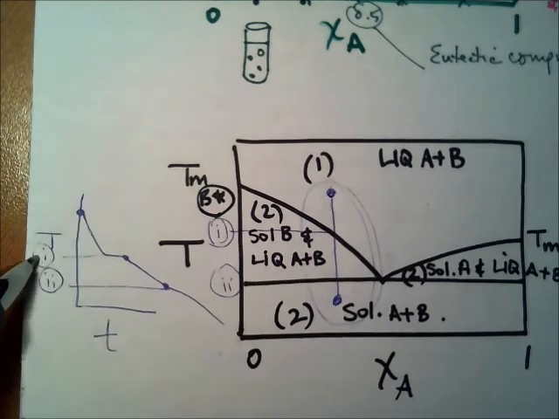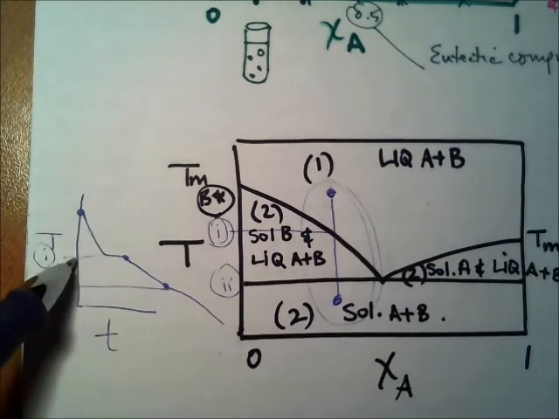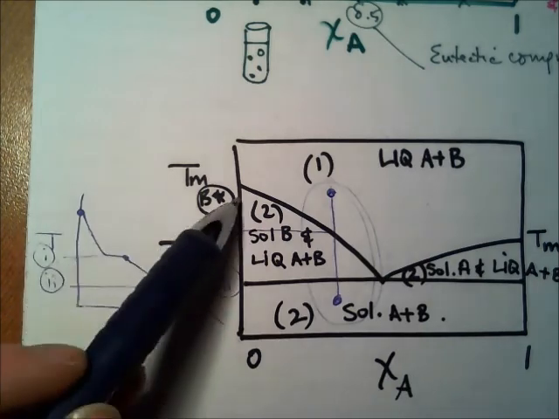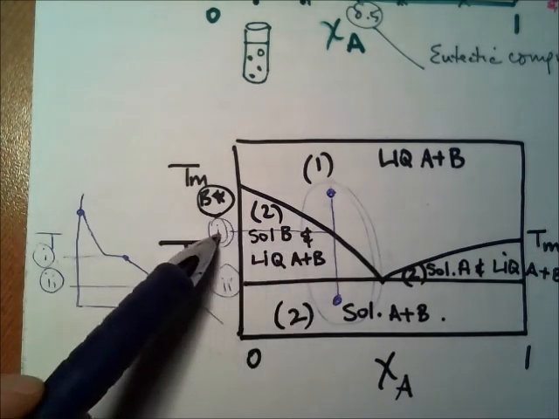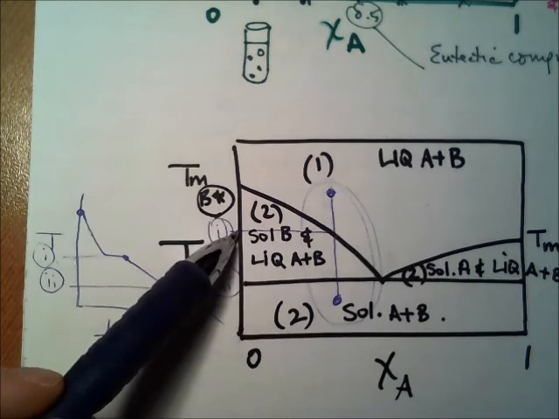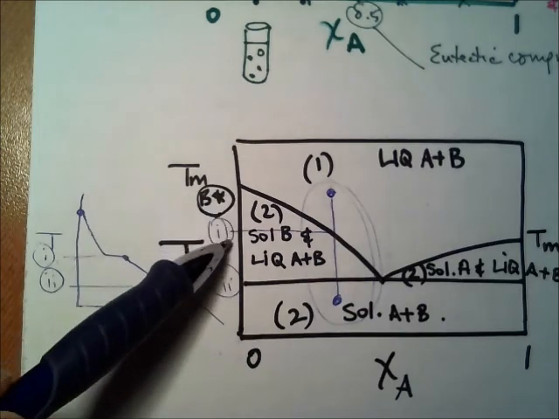And in fact, this is the melting point depression of pure B, because B usually melts up here, but because you have A in it, it's now melting down here. Right? When you make something in organic chemistry or in the lab and you want to know if you have the right stuff, you do a melting point. The melting point's really low. Right, it's not pure. Okay, so your melting point is depressed.